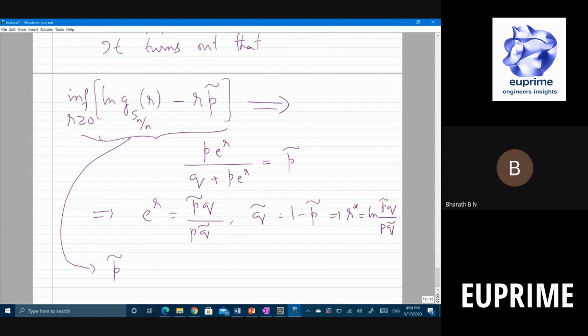Once you substitute it here, you will get the following: p tilde ln of p tilde by p plus q tilde ln of q tilde by q. What is this called? This is nothing but the Kullback-Leibler distance between p tilde and p. We saw this, right?